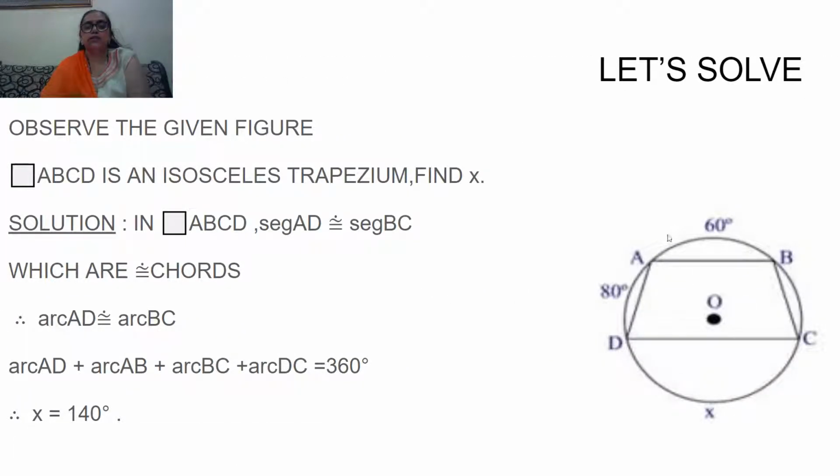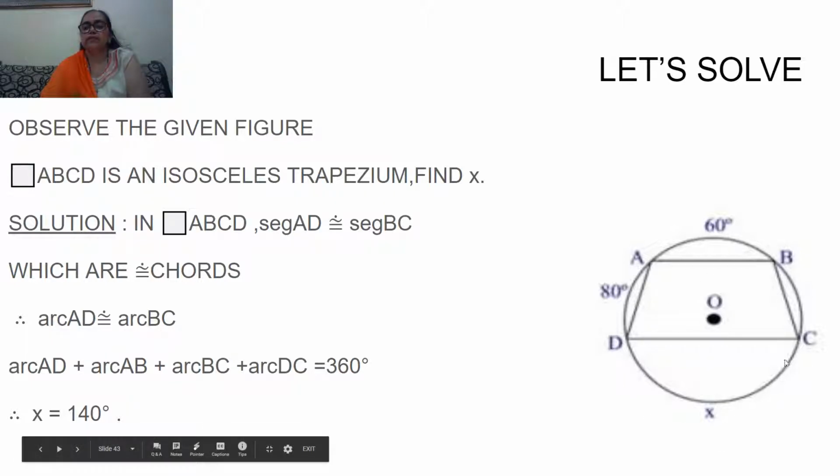In this sum, you have been given that ABCD is an isosceles trapezium, and the arc AD is 80, arc AB is 16. You have to find the arc DC, that is x.